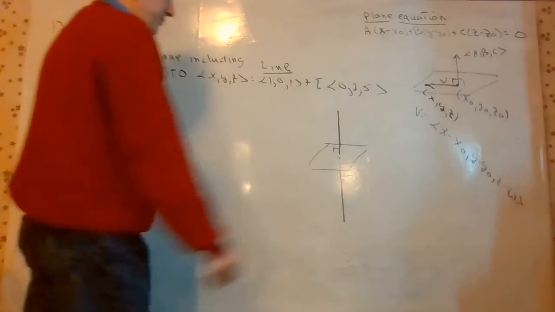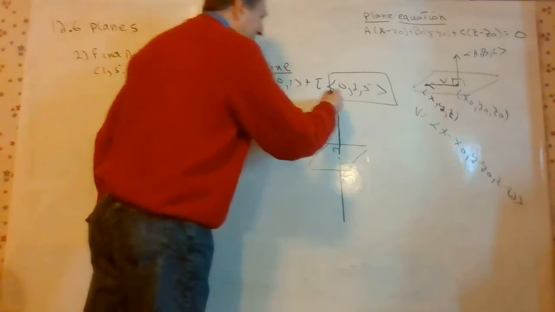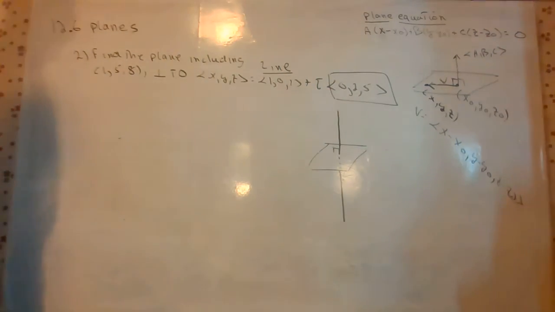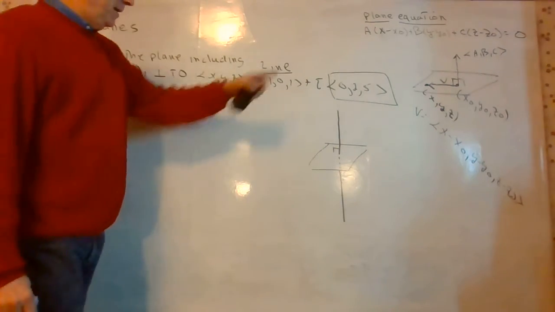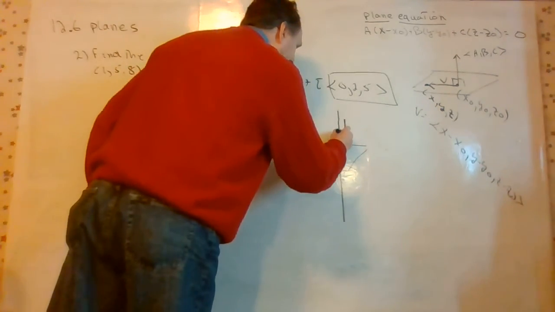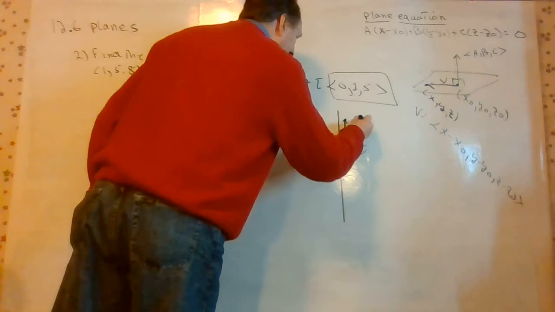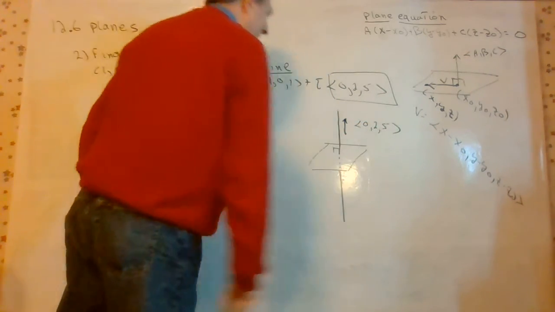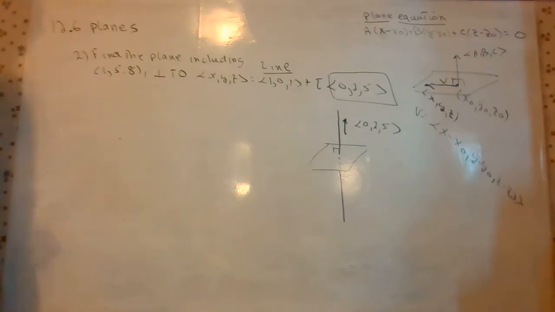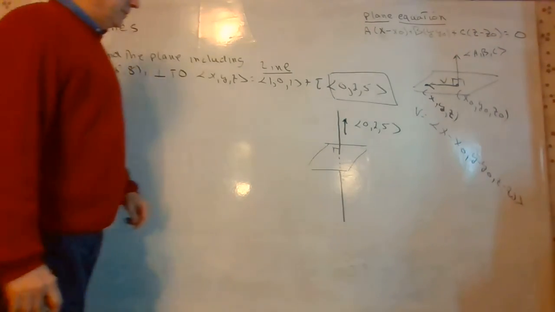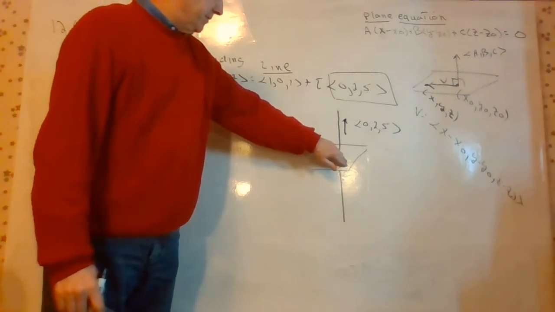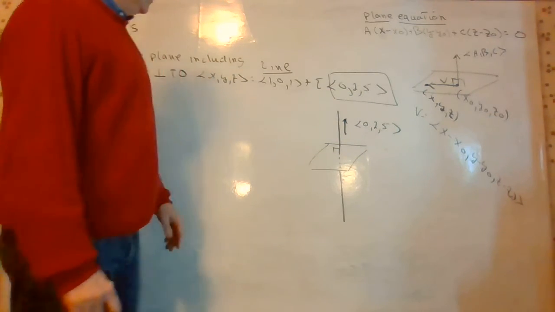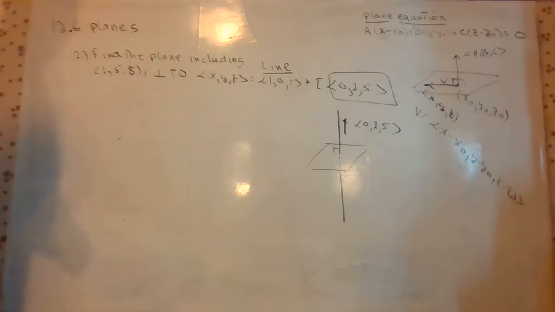One thing we can extract from the line equation is a parallel vector, 0, 2, 5. That's parallel to the line, so you can draw that. That is 0, 2, 5. Now, since it's parallel to the line, it must be perpendicular to the plane, so that is the desired vector that we need.